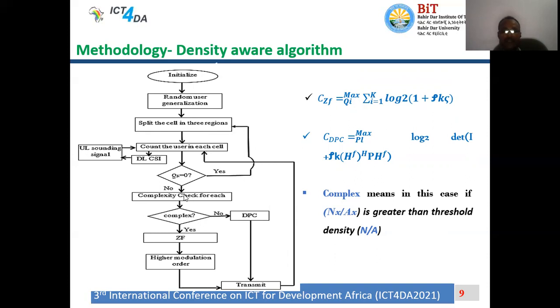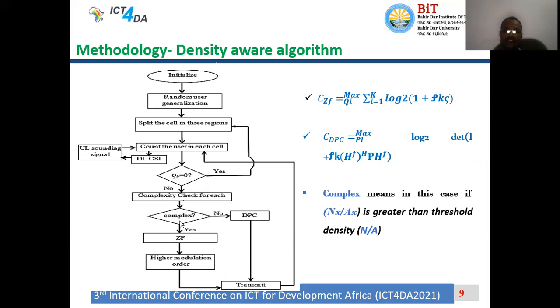And if some users have entered the cell, we can calculate the specific density, and we can compare the specific density with the threshold density, which is found through the maximum range of the cell and the maximum number of users to be accommodated by the cell.